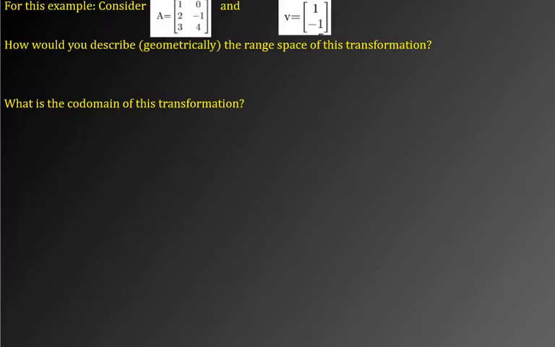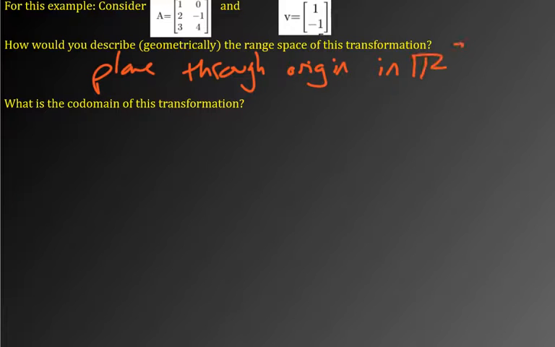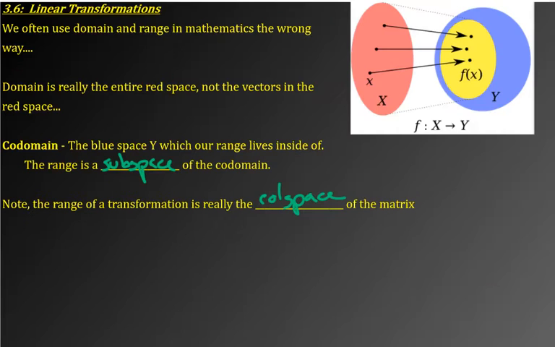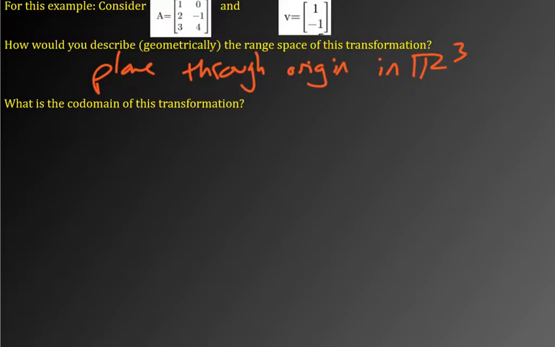Right? And just to clear it up with that last problem I did, geometrically, the range space of this transformation would be a plane through the origin in R3. Okay, so the plane is literally just described down here, right? You could take (1, 2, 3) and (0, -1, 4) as direction vectors. That is the range of the transformation, but the codomain is the thing that plane lives in.